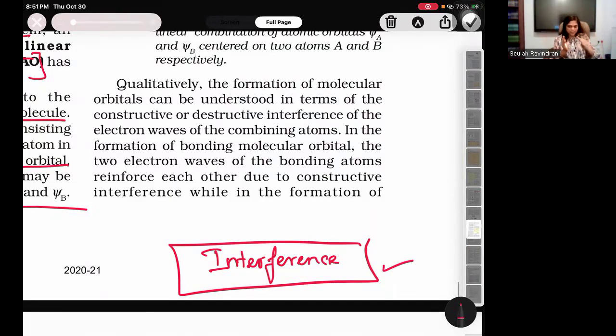Here, it is one electron wave and another electron wave. One electron spins and orbits; similarly, the other electron also spins. If one spins upward and the other downward, it forms a constructive amplitude. What is the term used? Interference only.